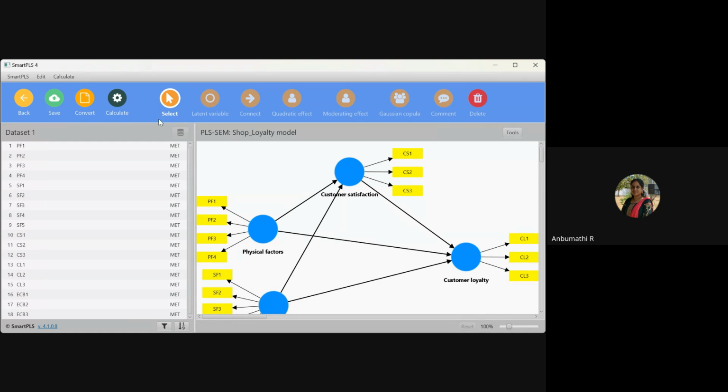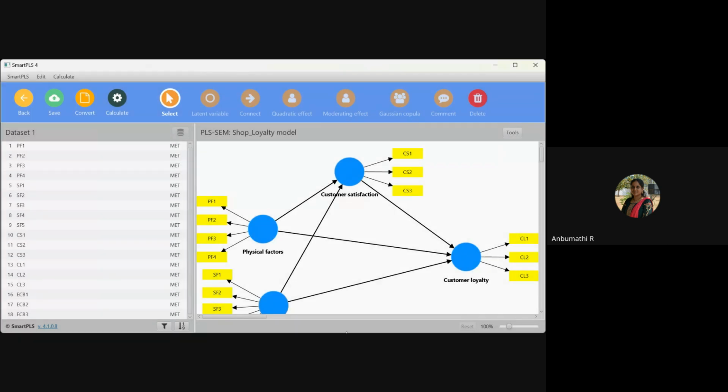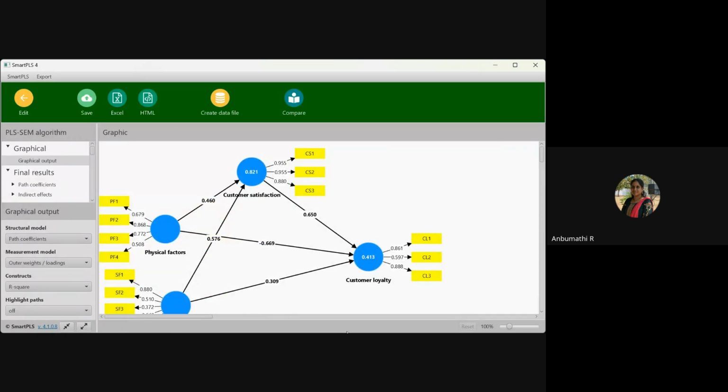So press PLS algorithm. You will have a pop-up window where it asks for factor, path, PCA. As I told yesterday, the default setting is path since we have selected PLS. So maintain the same and click start calculation. Once the calculation is done, you will get this output.